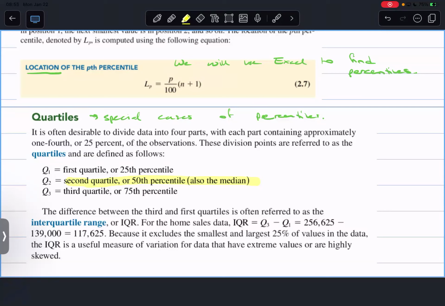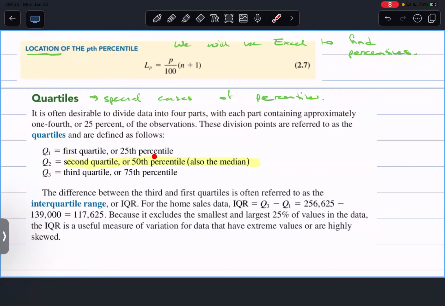And so the first quartile is the 25th percentile. So you've got your data sorted from smallest to largest, and then you split it in half, and then you split the lower half in half. Now you've got quarters, and the upper half in half, more quarters.